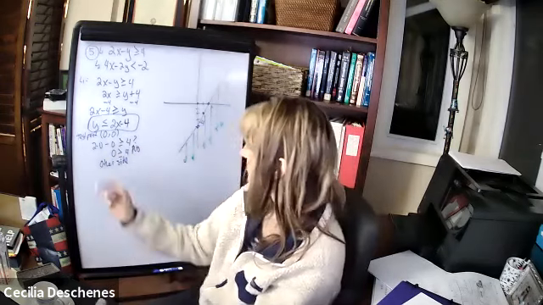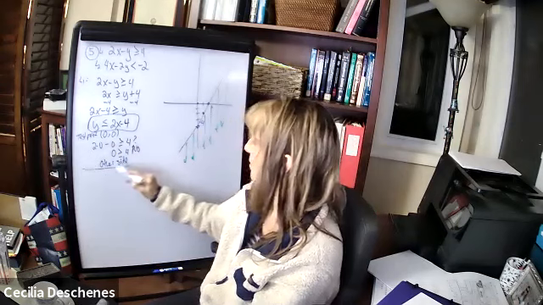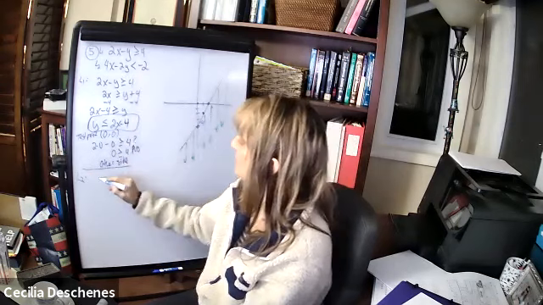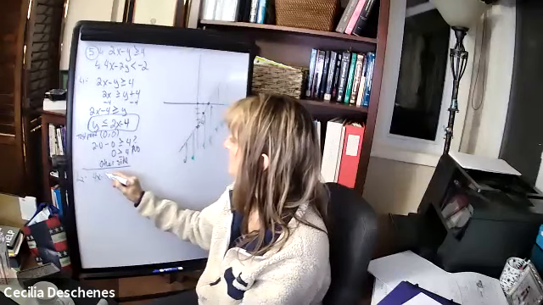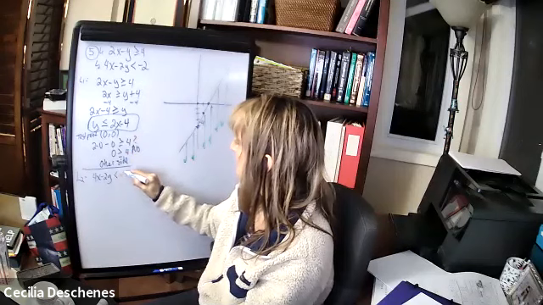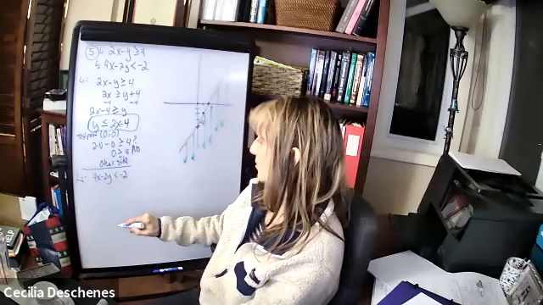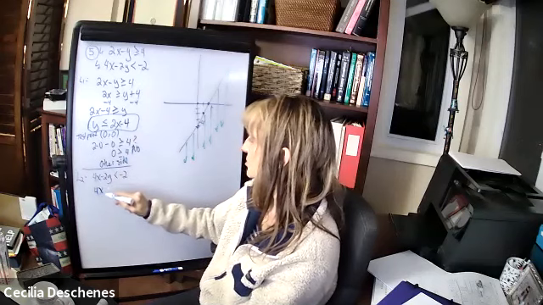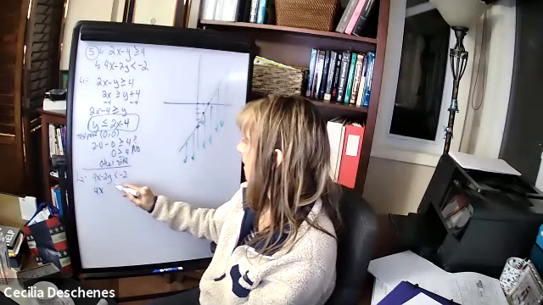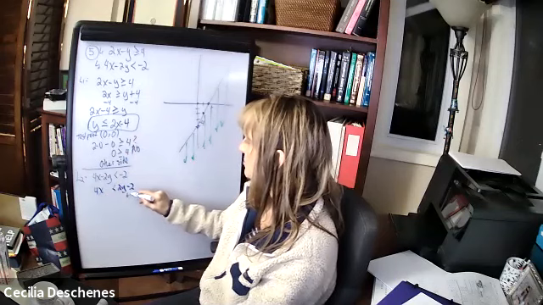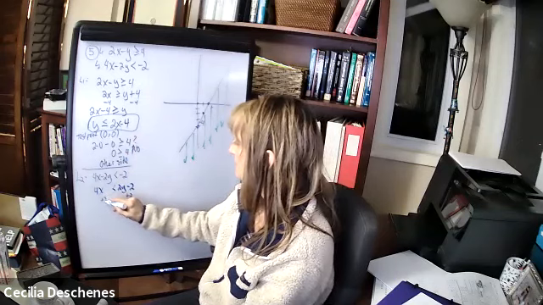Okay, now let's go to line 2. Here we have 4x minus 2y is less than -2. So I'm going to add 2y to both sides, and then add 2 to both sides.